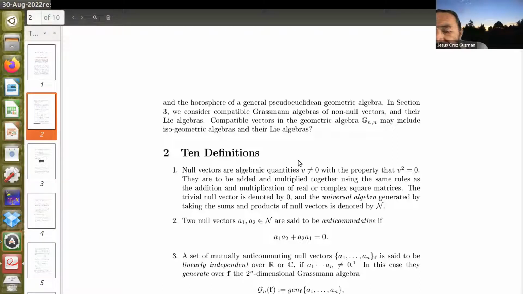I think that can help us to understand what the product is between algebraic vectors and the other fundamental operations. Yeah.